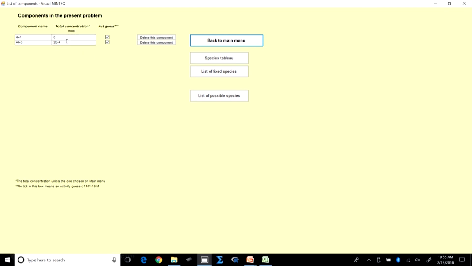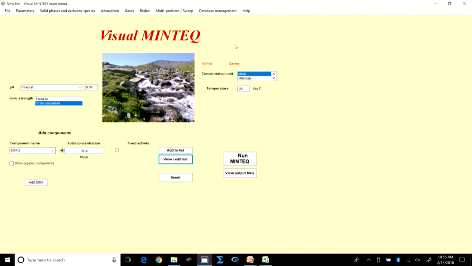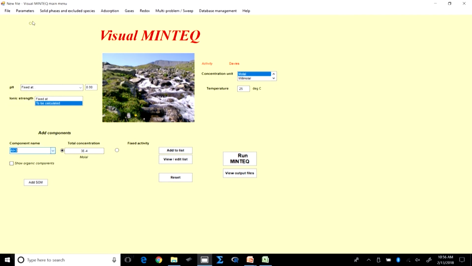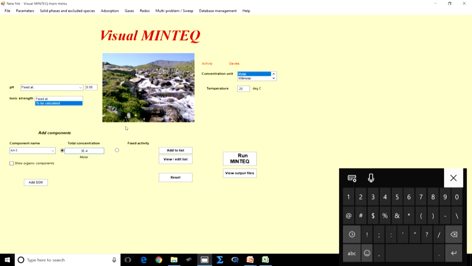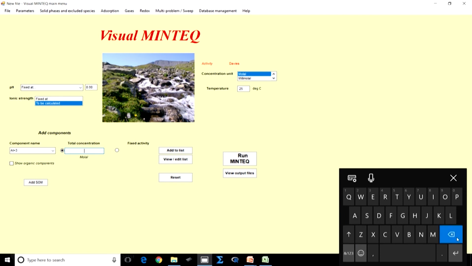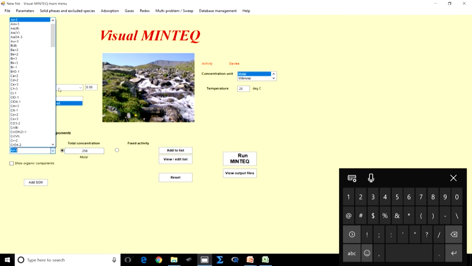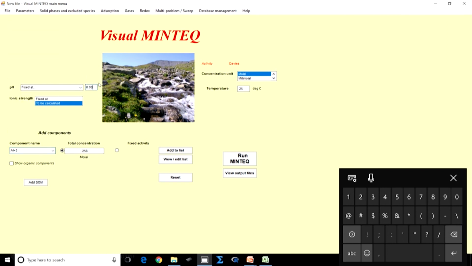And what is this going to be equal to? This was 0.256 molar, I guess. So let me change that here. And H total, I guess I don't need to specify that, but let me check that because the pH is fixed at 7.5.